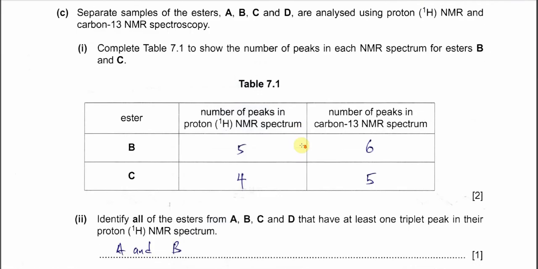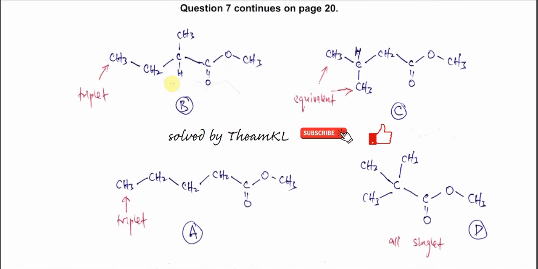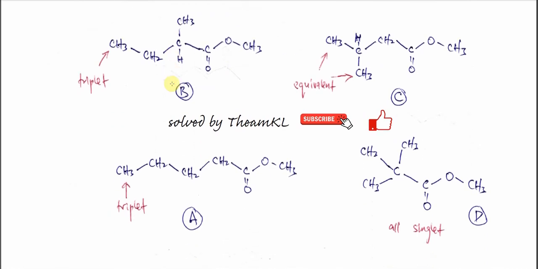Part C. Separate samples of these esters are analyzed in proton and carbon NMR. Complete table 7.1 to show the numbers of peaks in the NMR spectrum for esters B and C only. Let's start with B. About the proton NMR, we need to know how many types of chemical environments there are.